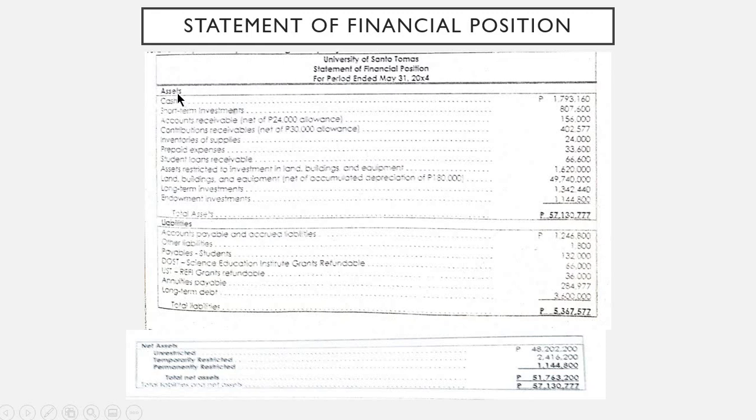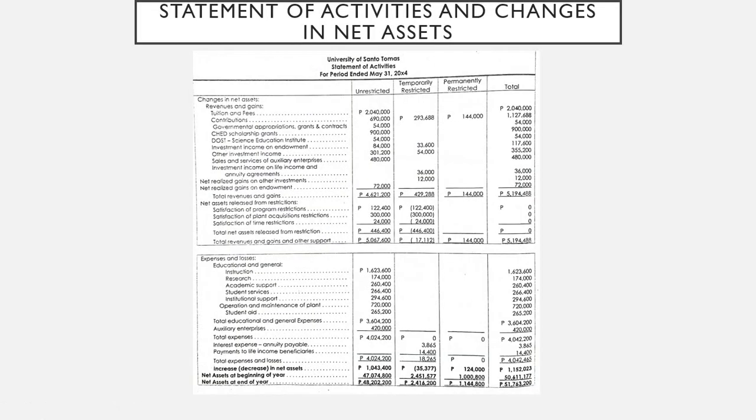So, same pa rin, merong asset, may liabilities. Pero yung net asset niya, classified siya into 3. Okay? So, unrestricted net asset, temporarily restricted net asset, and the permanently restricted net asset classifications with a total net asset figure. Okay? Pinakababa.